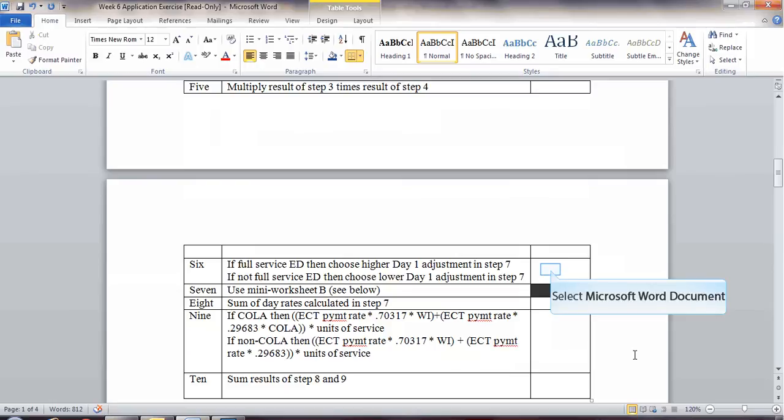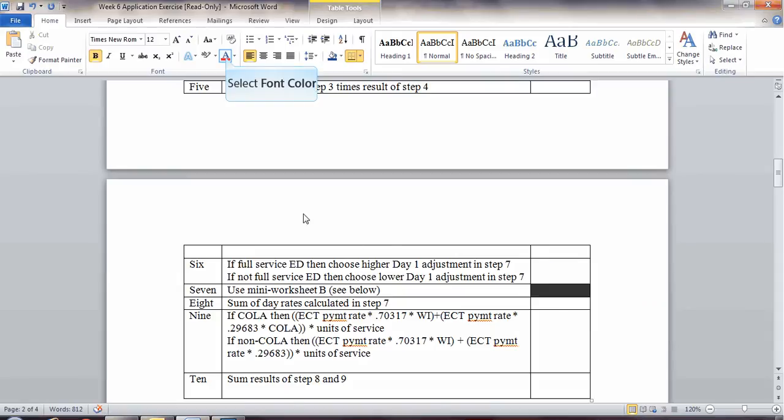So if you take a look at that table here, as I had indicated, we know that there is an emergency department, so this is going to be the higher rate that we are going to select.